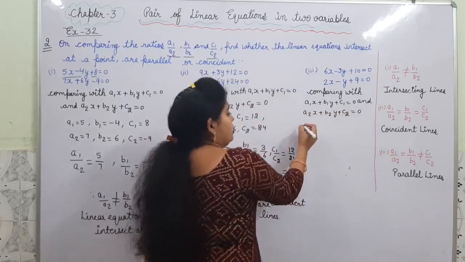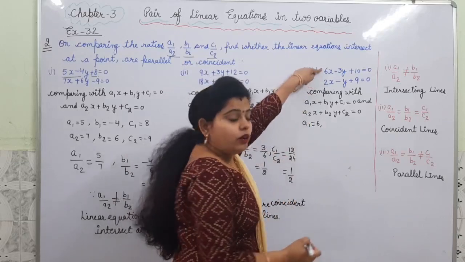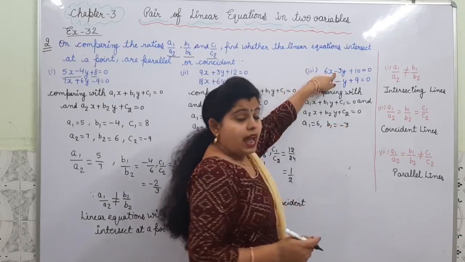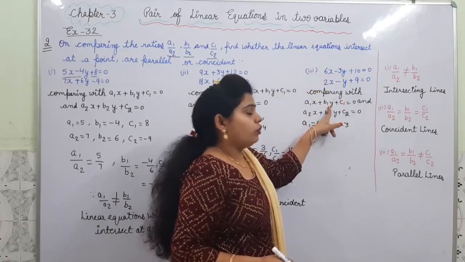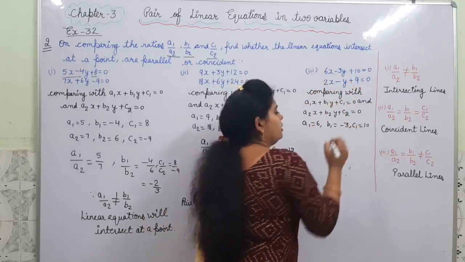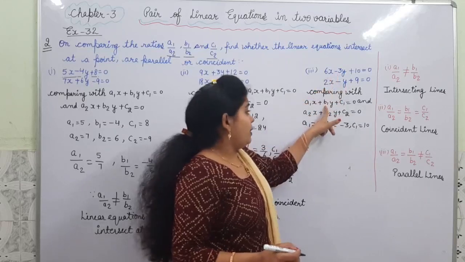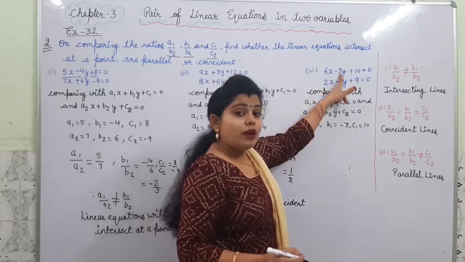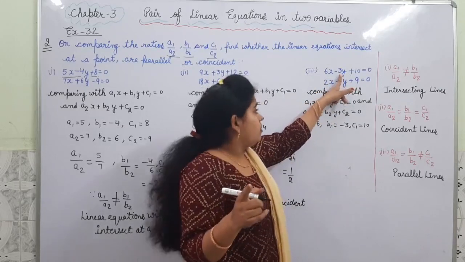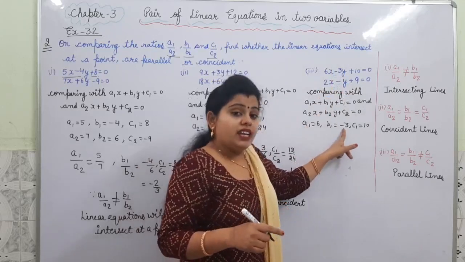From here a1 is equal to 6. b1 is equal to -3, as -3 is the coefficient of y, and c1 is equal to 10. Dear students, here a minus sign is there, so when we compare we will get b1 is equal to -3. If here it is +3, then we will get b1 is equal to 3. But in the equation what is given? -3. So the value of b1 will be -3.